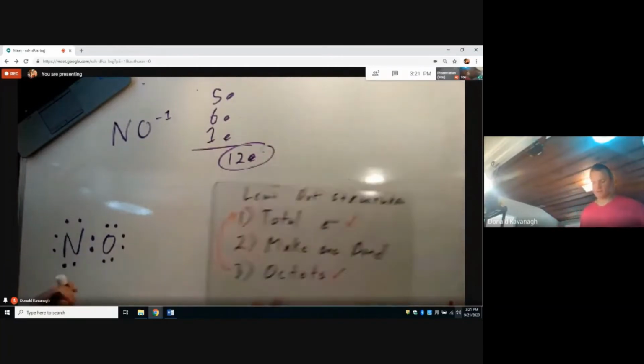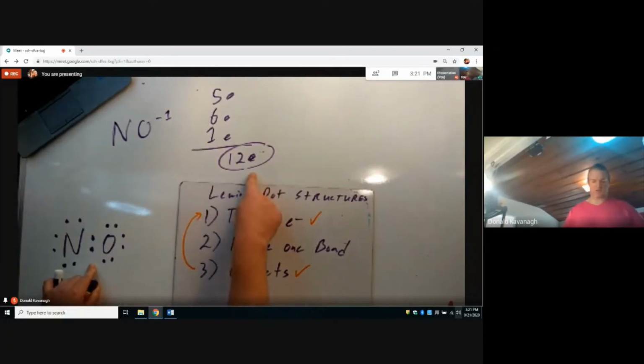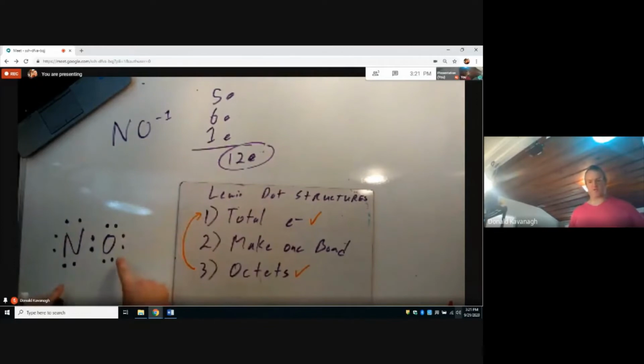Remember our 3 steps? Every atom here is connected by one bond and has an octet, but we are not allowed to have any more or any less than 12 electrons. Using my best finger, I have more than 12 electrons in this picture.